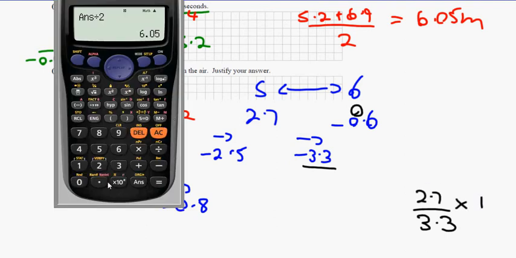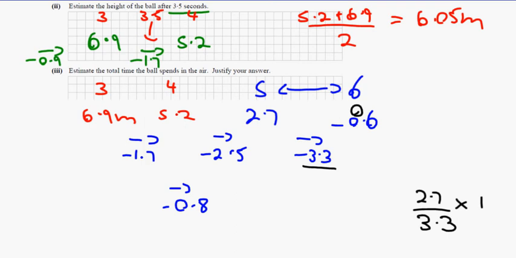So 2.7 divided by 3.3, which is 0.82 of a second. So we continue our answer: it was 5.82 seconds, somewhere between 5 and 6 as an estimate.